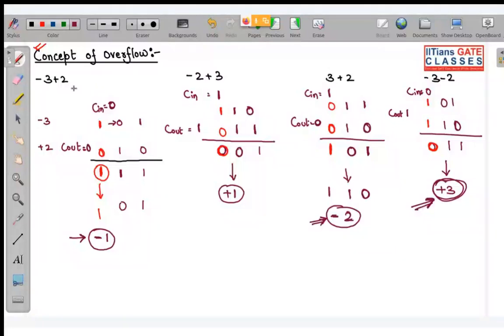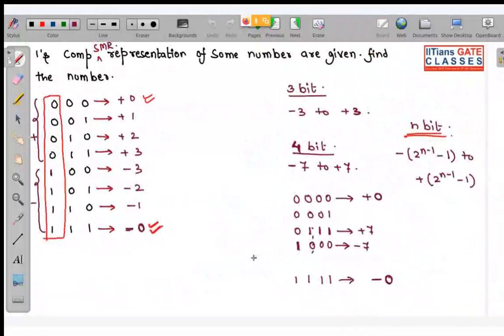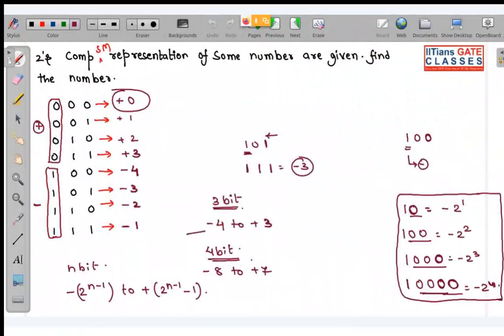So look here, I am representing -3 and -2 using 3-bit 2's complement representation. For n-bit 2's complement representation, the range of numbers that we have is from -4 to +3. Just now I have written for 3 bits. So over here -4 to +3 you can see.